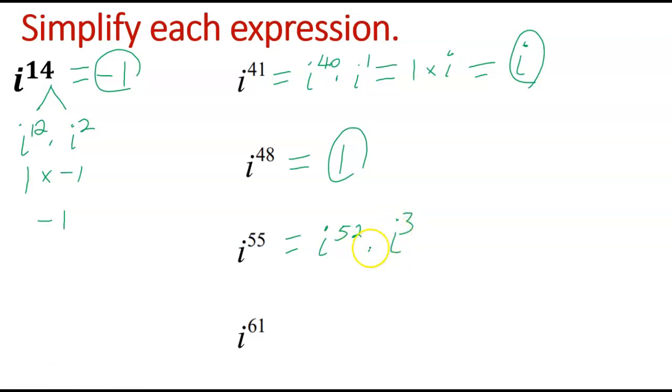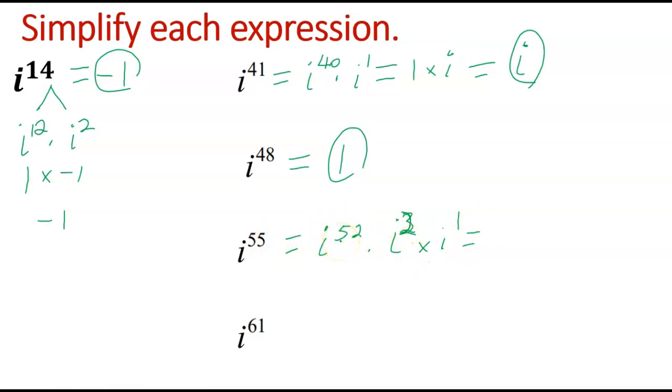We already know what i cubed is, but if we don't remember, we can write it as i squared times i to the power 1. As long as the exponents add up to 55, that will be fine. So 52, 53, 54, 55. So it's easy to remember the power.